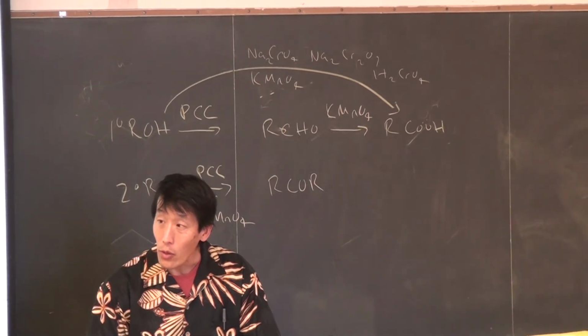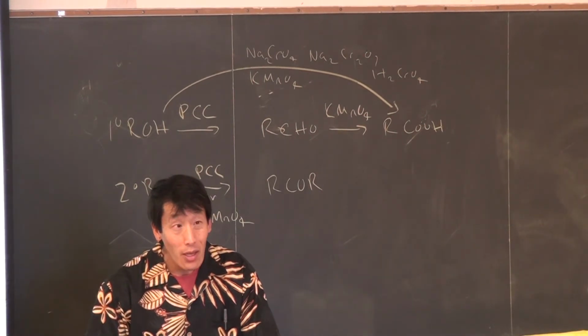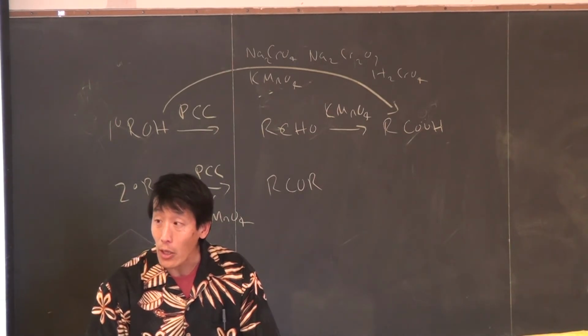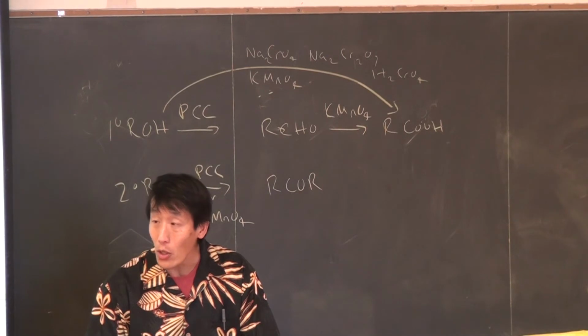To make that diol though, we didn't really look at that reaction. There is a reaction using OsO4, osmium tetroxide, that will convert the alkene to a diol, but we didn't look at that. We skipped that one.